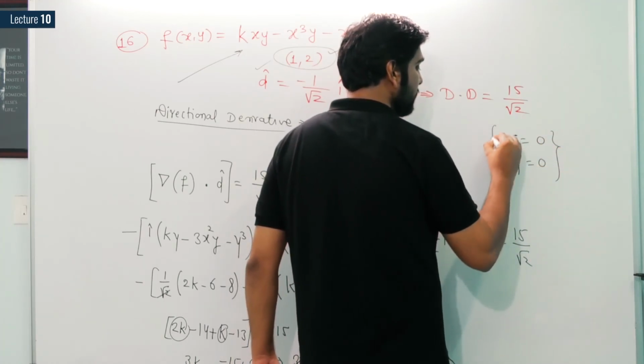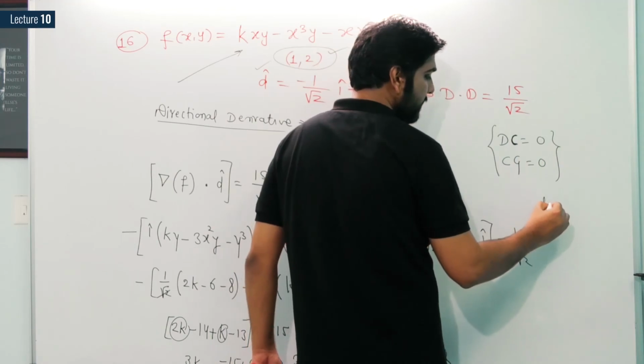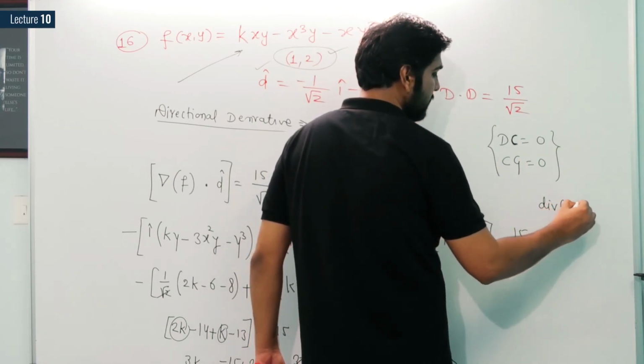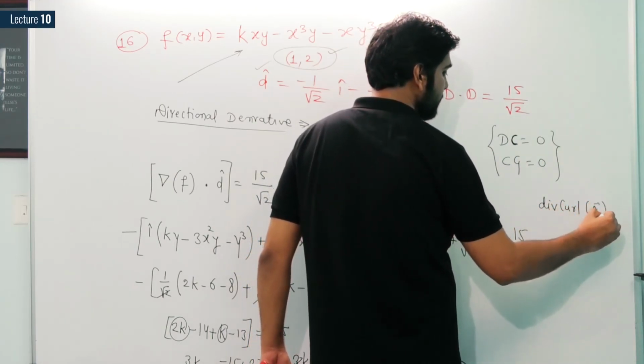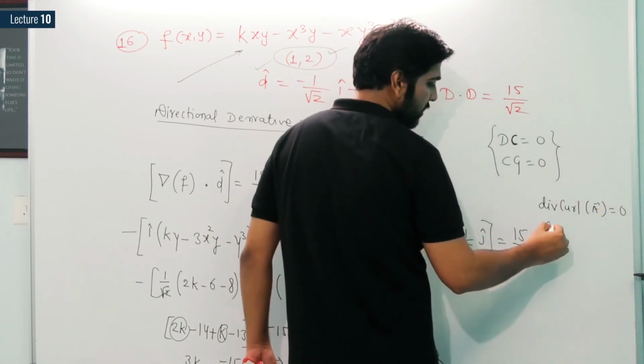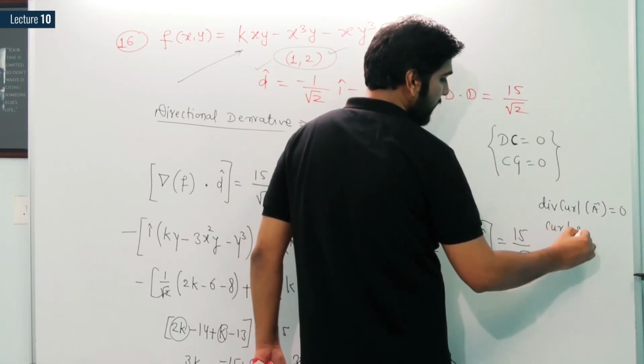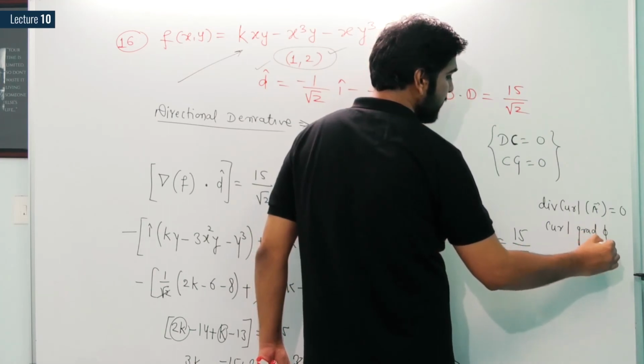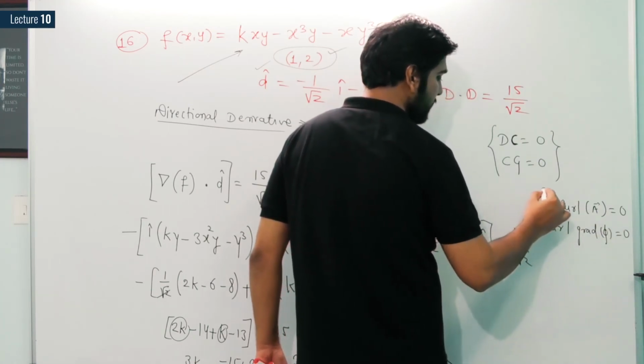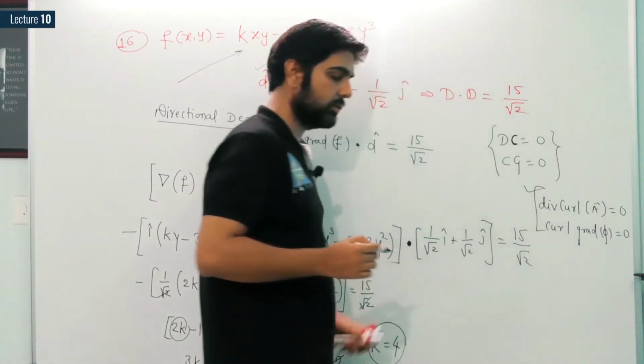These two values are 0, that means divergence of curl of any vector is equal to 0, also curl of gradient of any scalar is equal to 0. So this is also an important point, dear students, right?